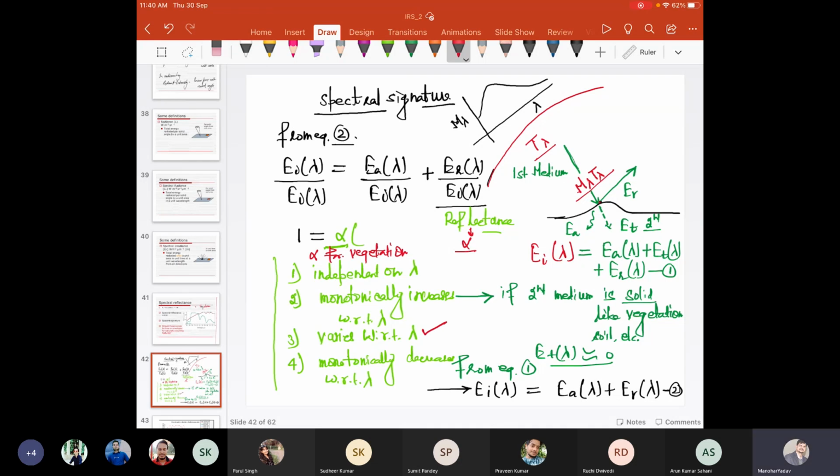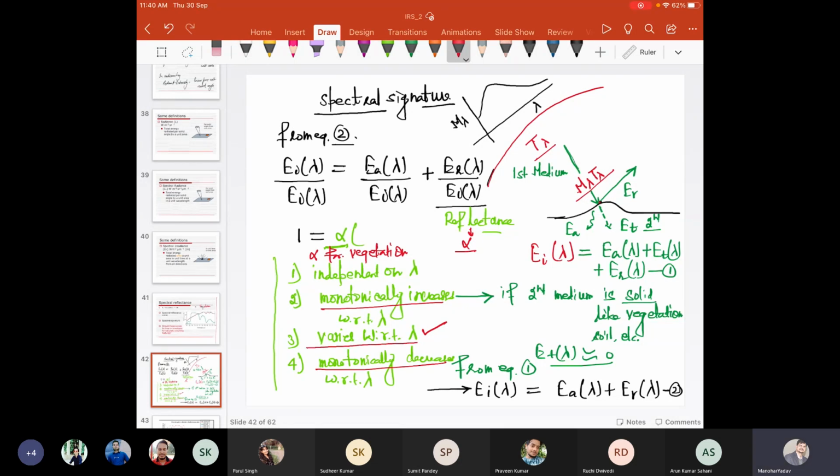See, within the reflected spectral signature, if you analyze, you could not find a definite trend, like monotonically increases or monotonically decreases. We'll discuss it. So option 3 is correct.